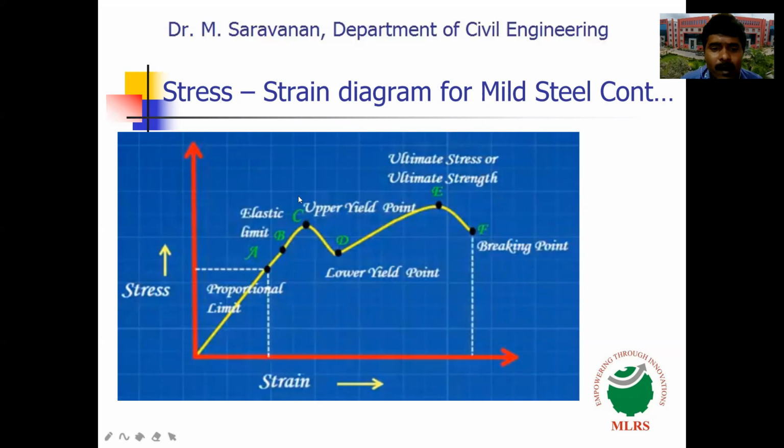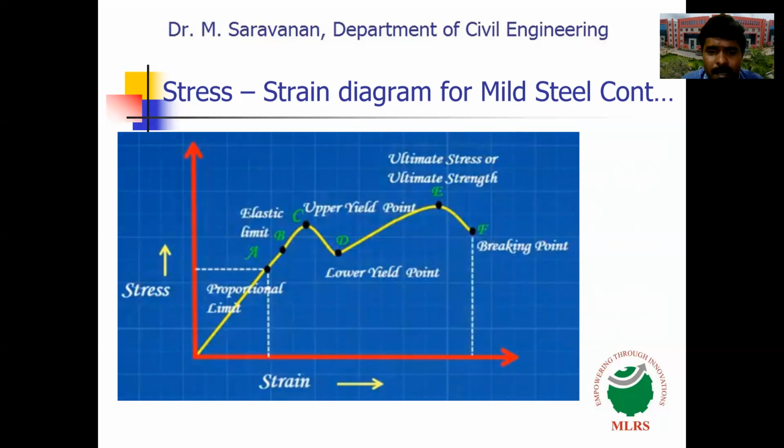In this yield point, the point C is called upper yield point and point D is called lower yield point. Upper yield point means the maximum stress required to produce yielding or deformation. Point D, lower yield point, means the minimum stress required to produce the yielding or deformation.